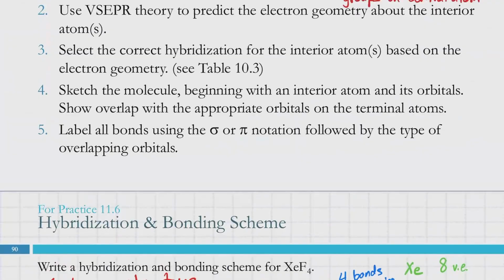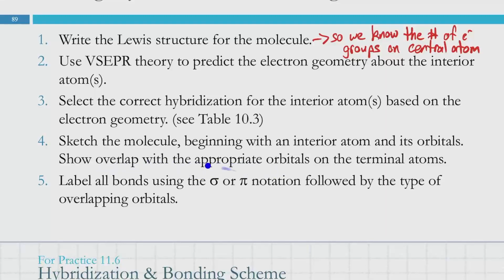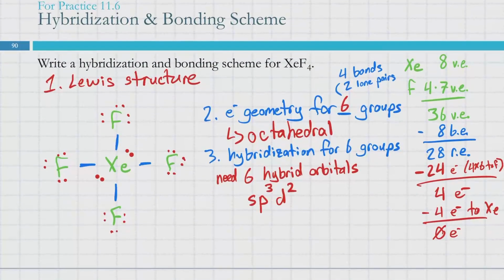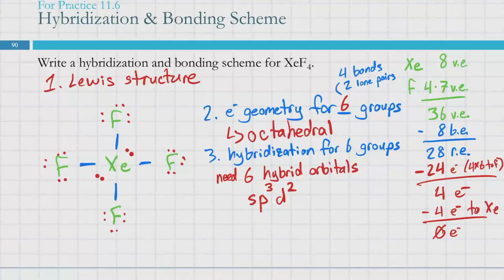And then we have to sketch the molecule and show the overlap with orbitals on our terminal atoms, label our bonds. So this one, because it's 4 bonding groups and 2 lone pairs, this will take on a square planar geometry. So I'm going to actually sketch it in like this. So we're going to have our xenon in the middle, and its hybridization, if I can move everything, scoot.